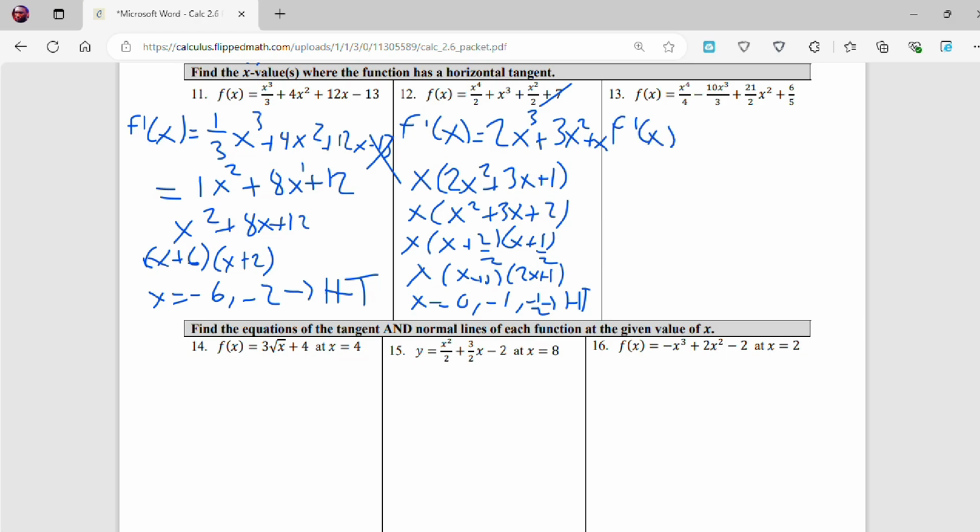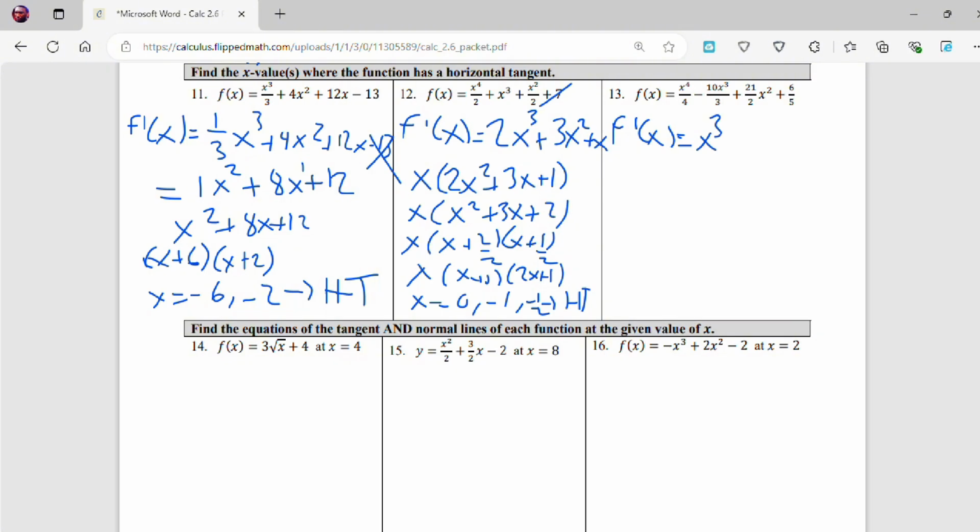f prime of x. If you can, just notice the pattern. If you have something in the denominator, like in this example we have 4, and your exponent is 4, the power rule is going to cancel that out. So that 4 and that 4 cancel out, and you're left with x to the third. Same thing with the next one.